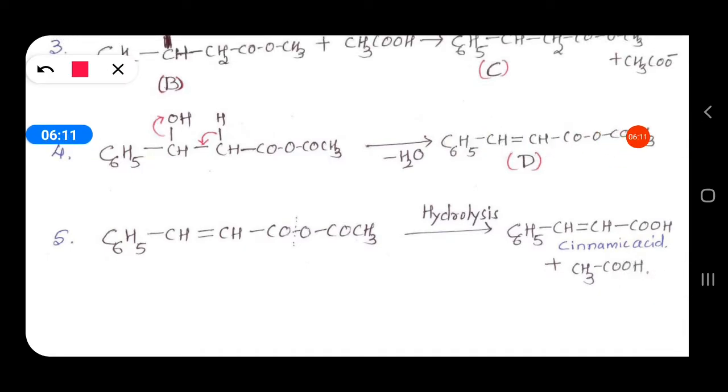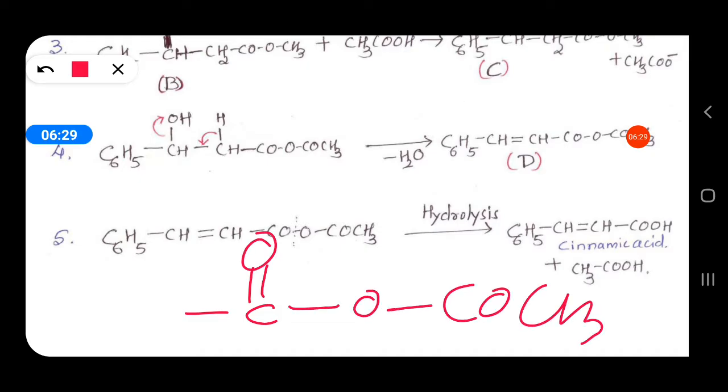But still this is unstable, so it undergoes hydrolysis. So on hydrolysis, the carbon oxygen bond, so it is like this, C double bond O, O, CO, CH3, this carbon oxygen bond undergoes hydrolysis.